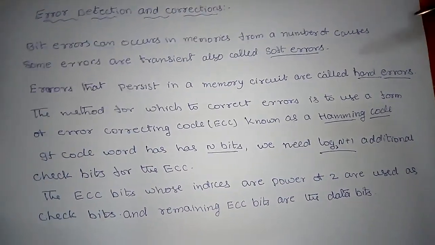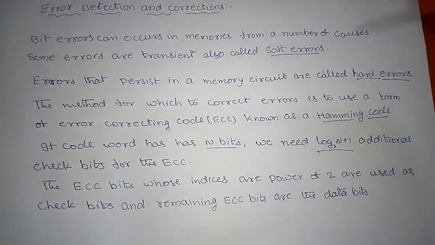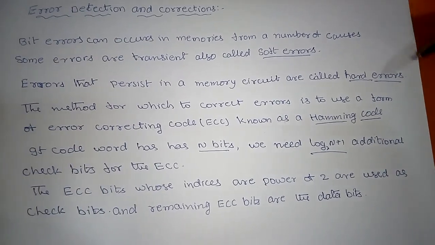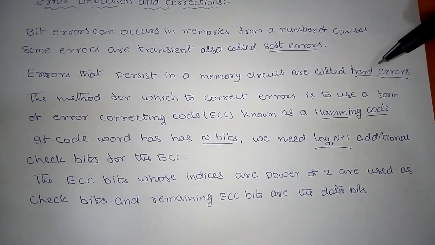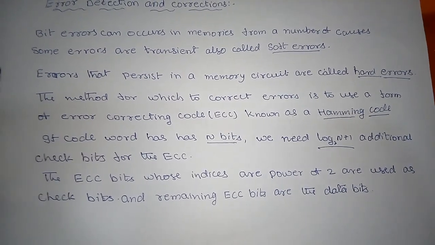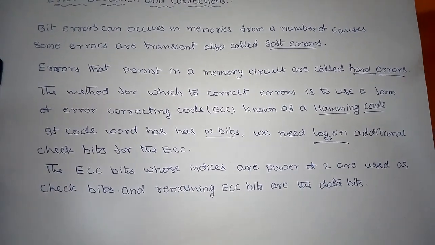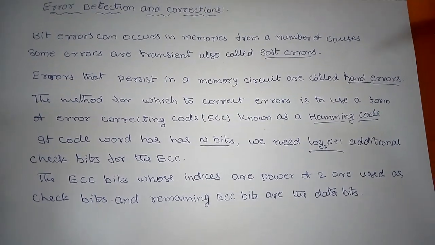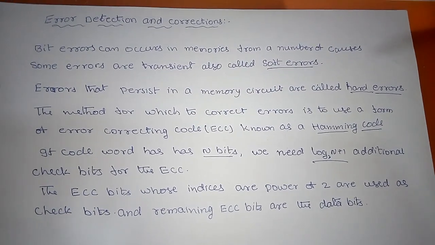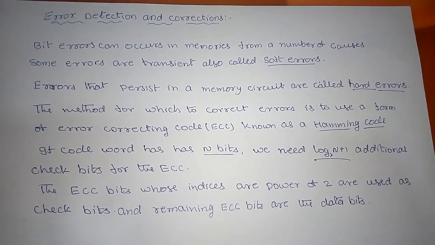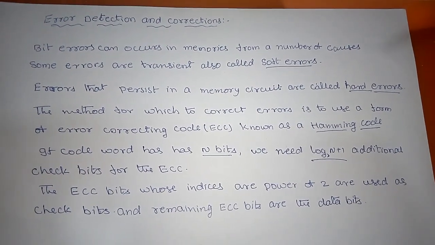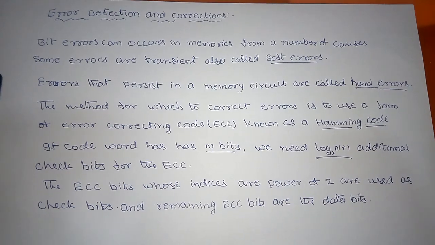For this, we will be detecting and correcting two types of errors: one is called a soft error, and the other is a hard error. A soft error is a bit error that can occur in the memory from a number of causes. Some errors are transient, called soft errors.